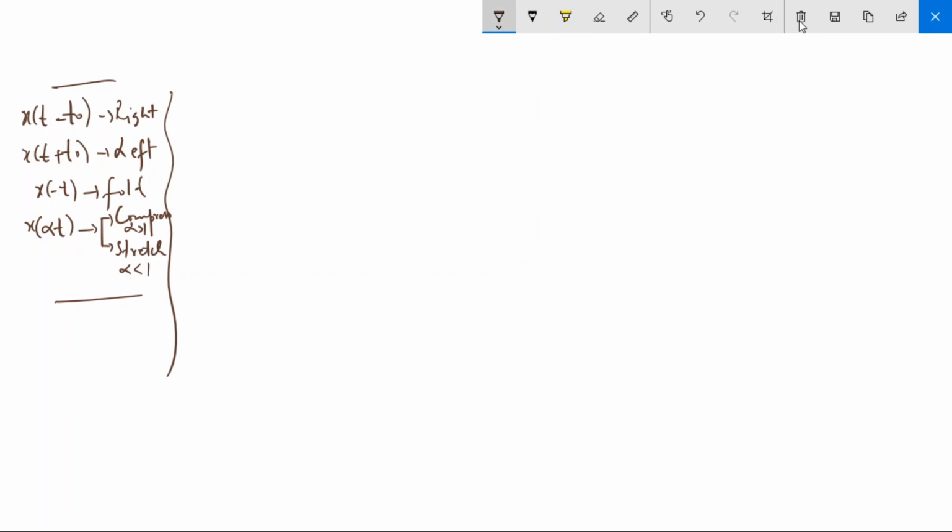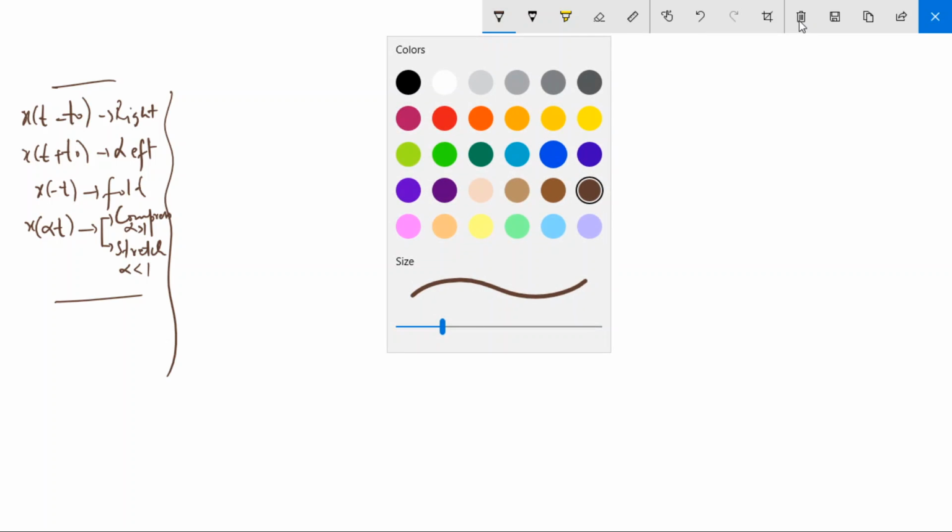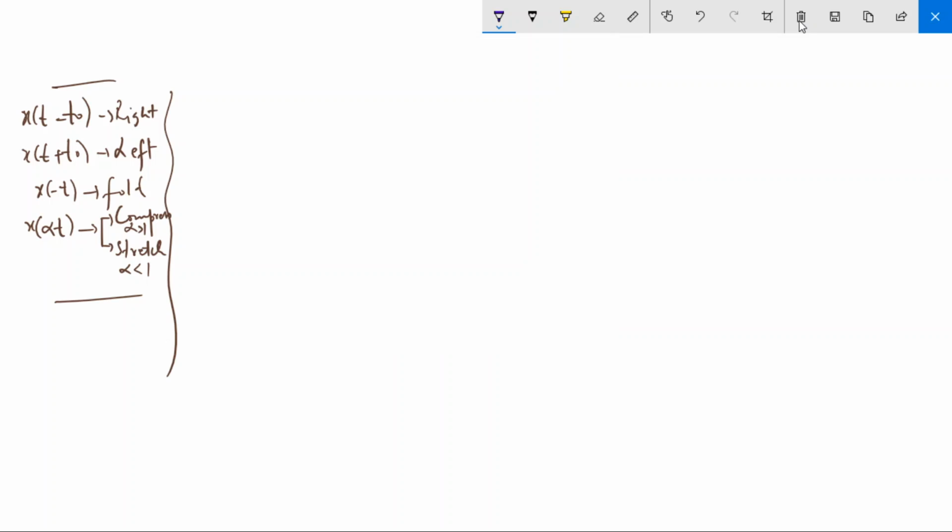Now using these operations, we will discuss how to apply two or more operations on a signal simultaneously. Okay, individually how we apply them we have already learned. Suppose you have a signal transformation in which folding and shifting are to be applied. So you might have a signal like x of minus t minus t naught or x of minus t plus t naught.